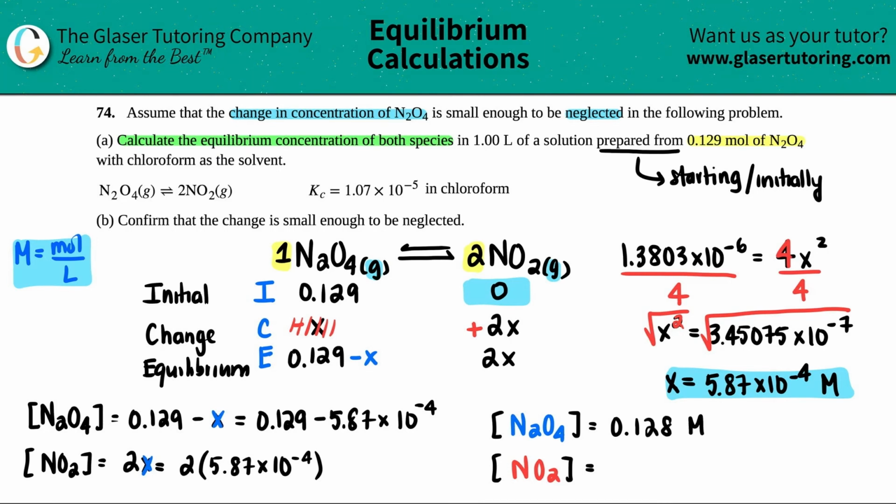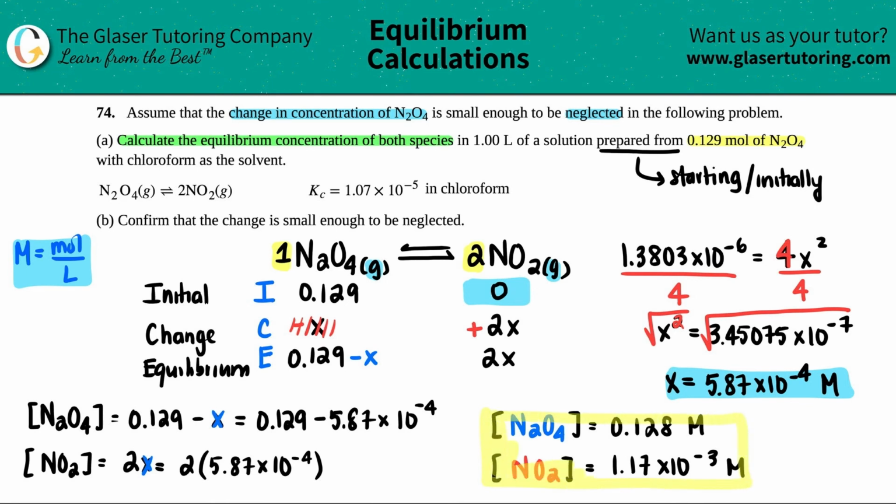And then for the NO2, 2 times 5.87 times 10 to the negative fourth. 3 sig figs, so I'm just going to turn this into scientific notation, 1.17 times 10 to the negative third molarity. And those are your 2 answers for letter A.